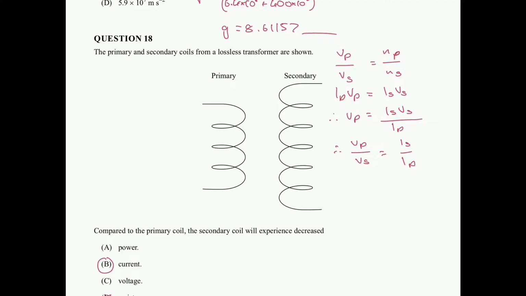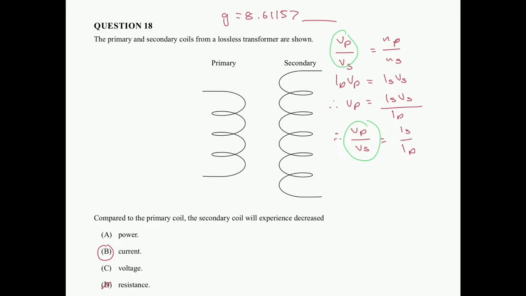One thing I'm going to highlight now is we can substitute our equations together, so that Vp over Vs maps up with this. So we're left with a statement of Vp over Vs is equal to Np over Ns, which is also equal to Is over Ip.